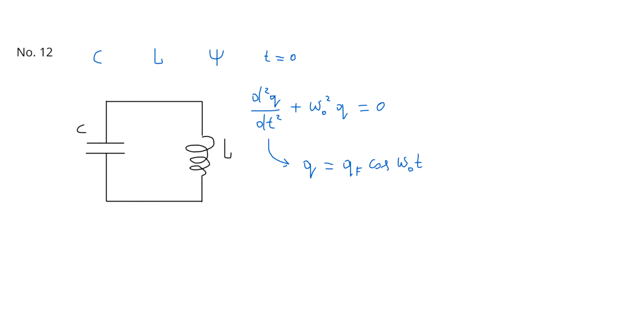Okay, so this is the solution, but it contains omega 0 t plus alpha. Sorry, of course we have an initial phase alpha. So we have to define the amplitude QF, we have to define omega 0, and we have to define alpha.